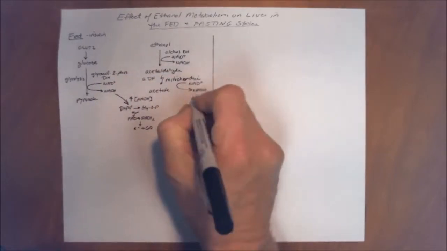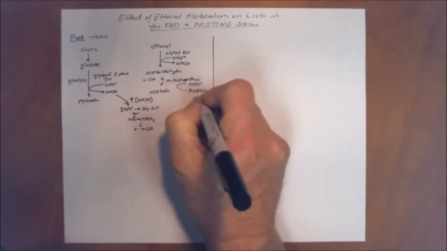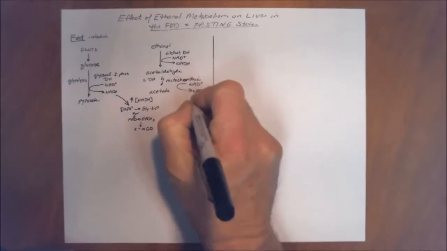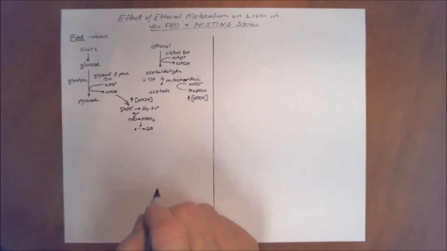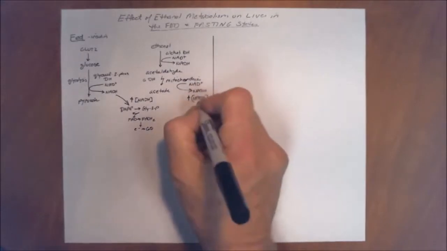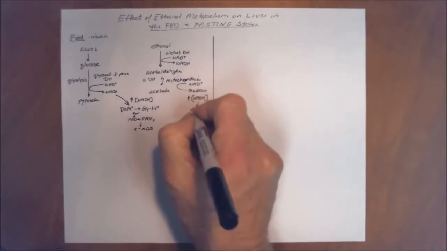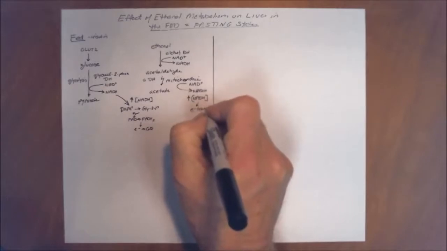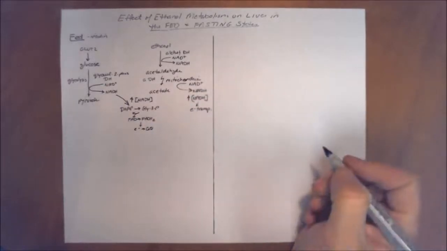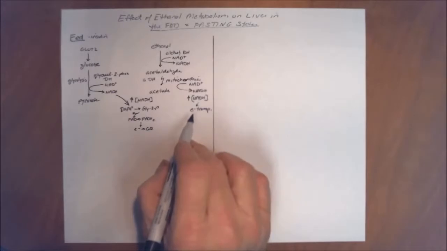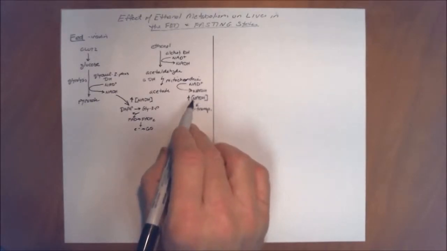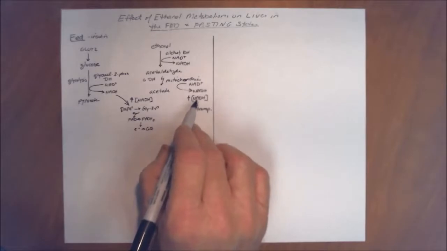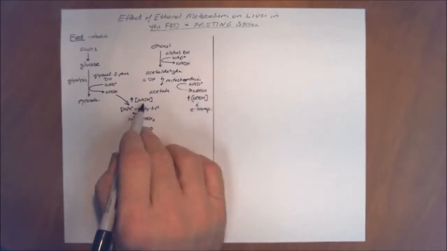This is going to dramatically increase the NADH levels in the mitochondria. Recall in the mitochondria, these are going into the electron transport chain, and so the electron transport chain will become essentially saturated. So the concentration of NADH, both in the matrix of the mitochondria and in the cytoplasm, will begin to increase.